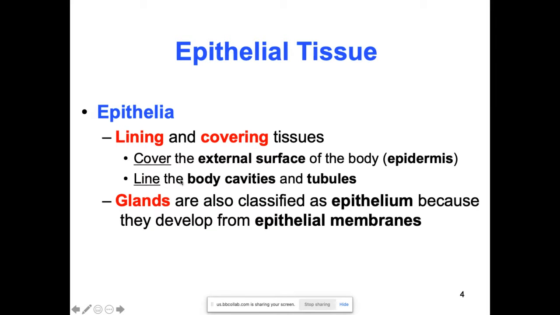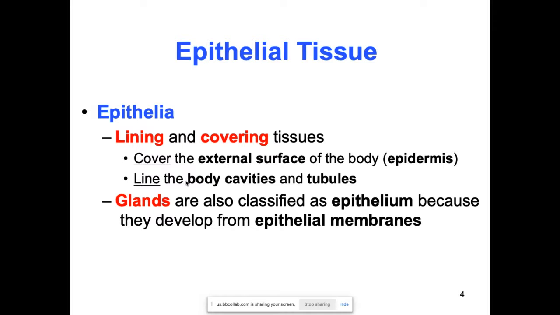Epithelium is also associated with lining cavities. A cavity is any type of tubular system. So if you think of the arteries and veins, those are tubes. If we think of the esophagus and the digestive tract, like the esophagus and the stomach and the small intestine and large intestine, those are tubes.